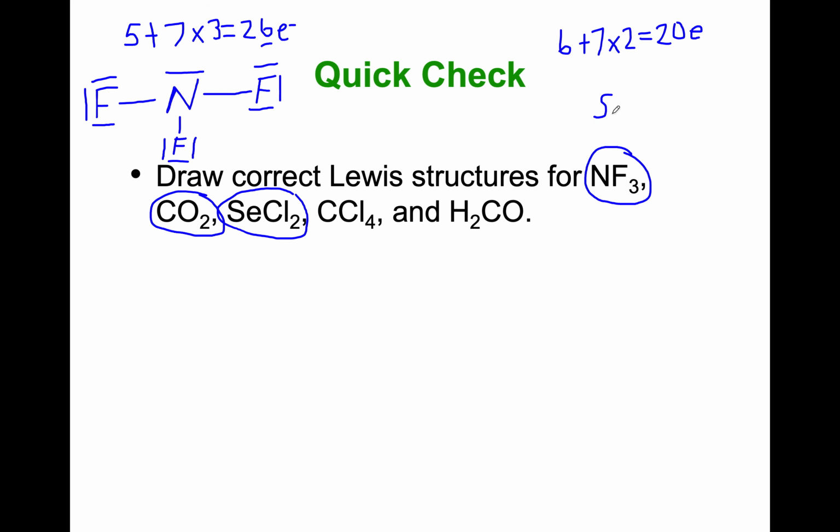Selenium, farther left, and chlorine outside atoms, single bonds to them, fill out the octets of those. And then double check. That's 2, 4, 6, 8. Another 8, 16. Wait a minute, we've got 4 electrons. Those go in the central. And now that's good. Everyone's got octets here and our electrons match up.